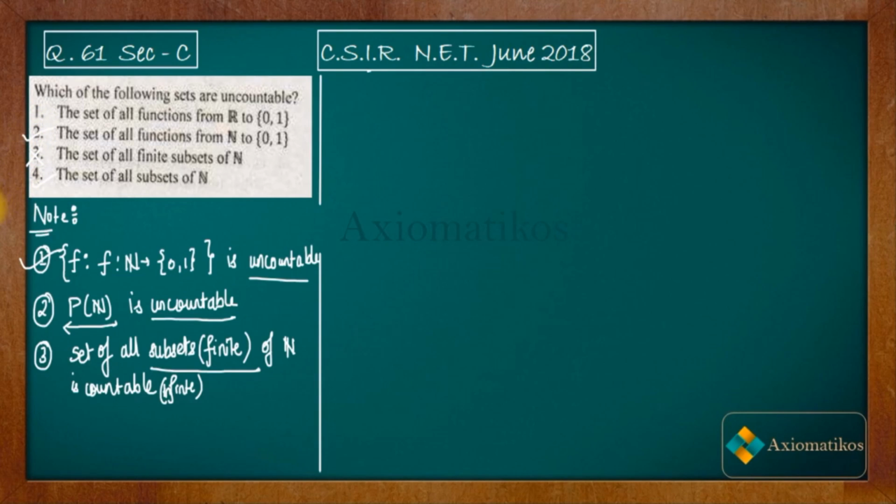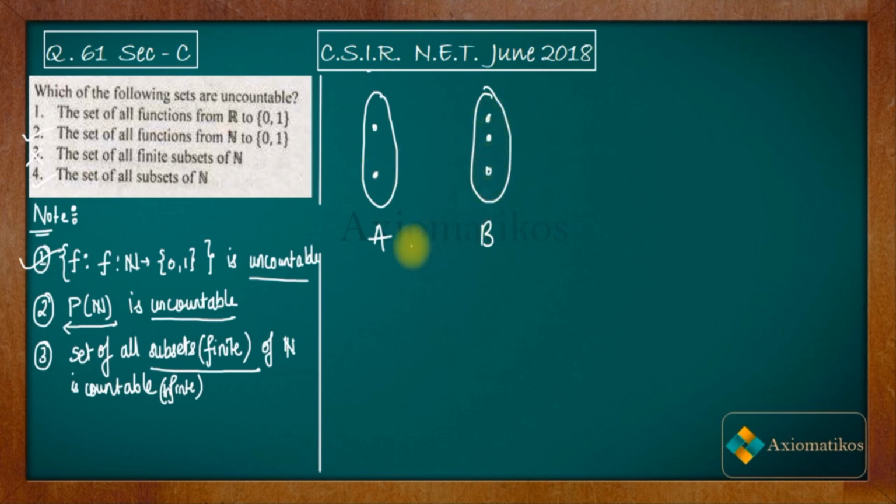So what I want to tell you is a very basic fact. Let us say you have a function from the set A to the set B, and you have two elements over here and, let us say, three elements over there. Now what do you know about the total number of functions?